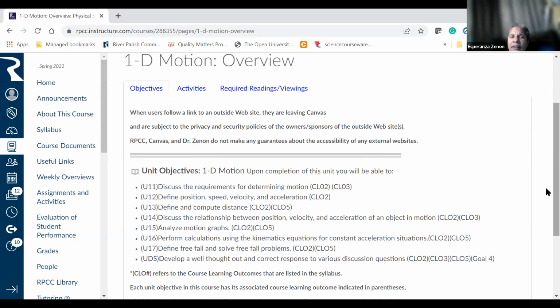So the things you're learning now, these definitions and concepts, are definitely useful for an object moving in one dimension, but they can also be utilized to quantify the motion of an object that is moving in more than one dimension. And we'll start looking at those types of motion as we move along.